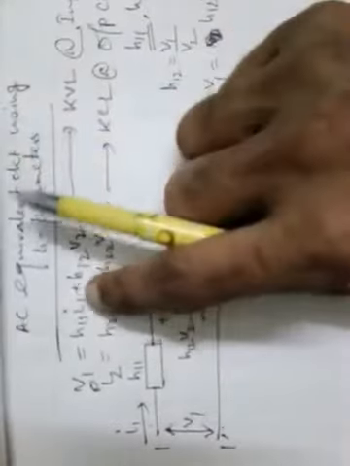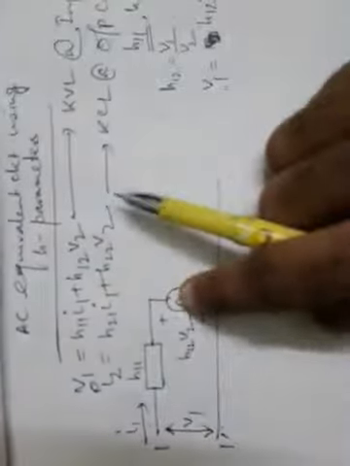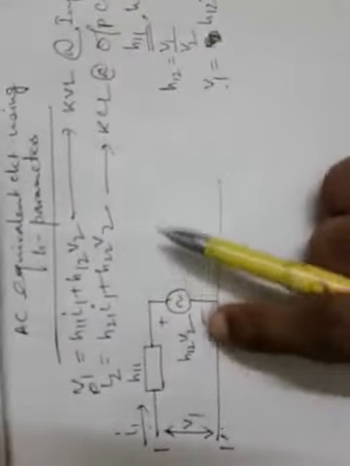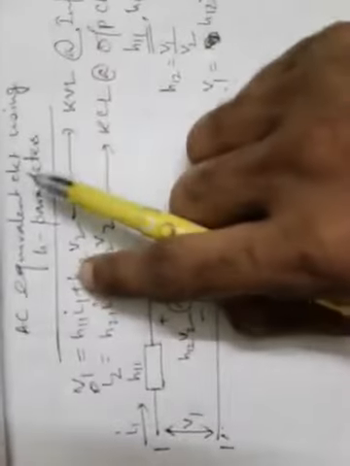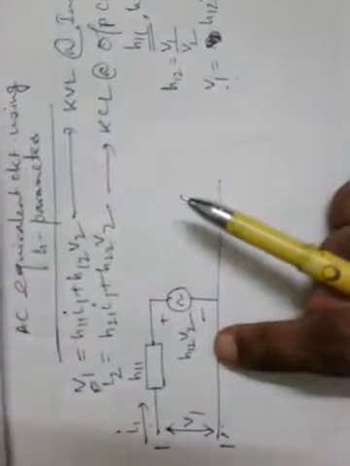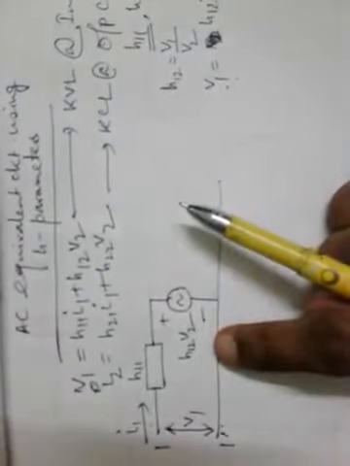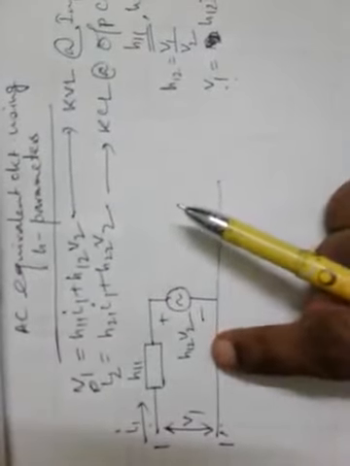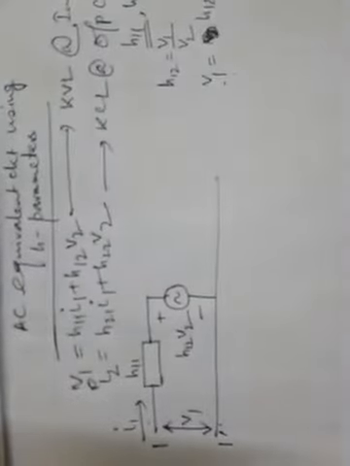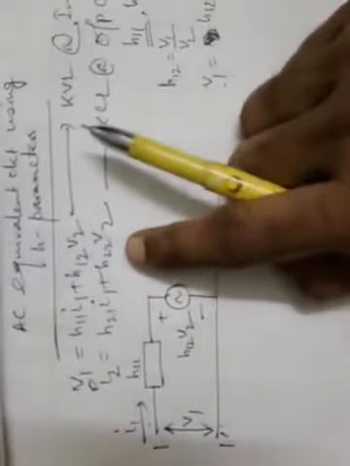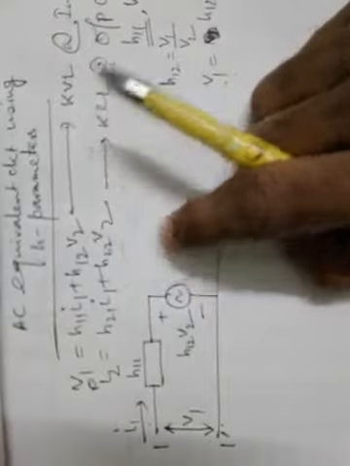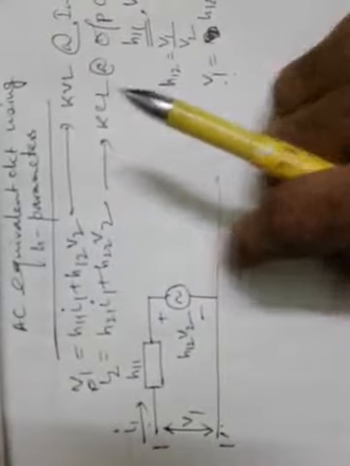If these two are added, we get V1. That means by applying KVL at this input loop, we get the first equation, and this is the AC equivalent circuit of the first equation.